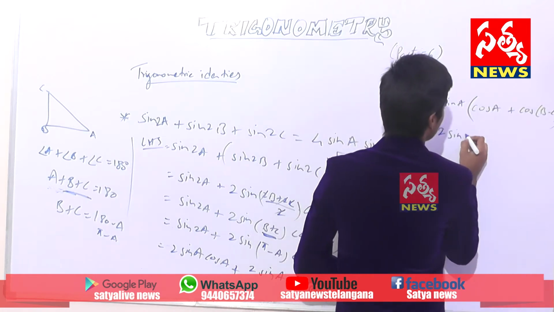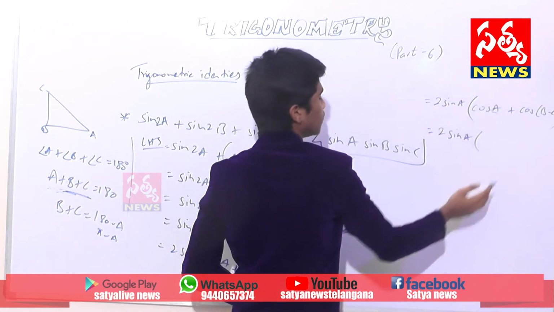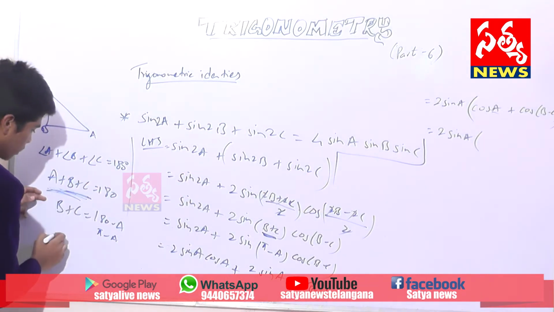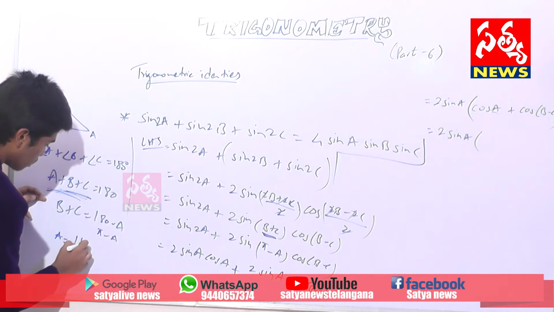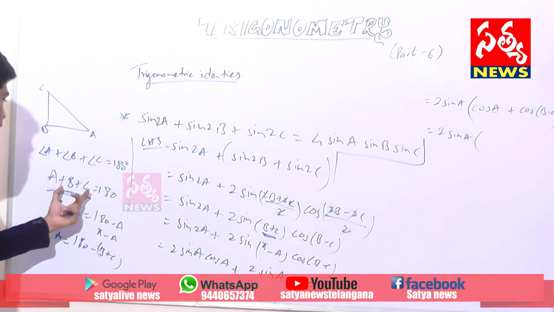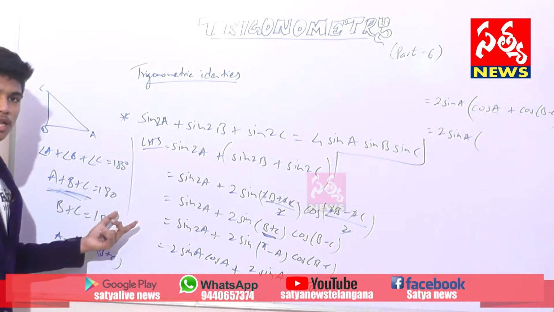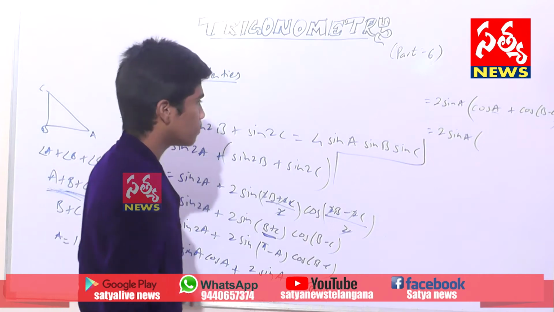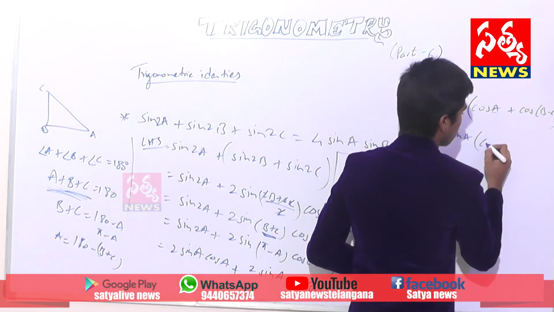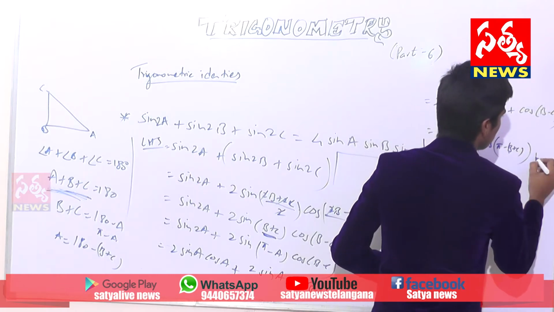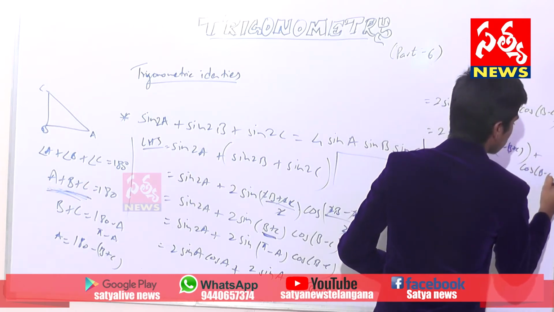Now, 2 sin A into, see here A. From here, we can take A is equal to 180 minus (B plus C). I am sending the B plus C term to the RHS so that I can get the A value. A is equal to pi minus (B plus C). Cos of pi minus (B plus C) plus cos of (B minus C).